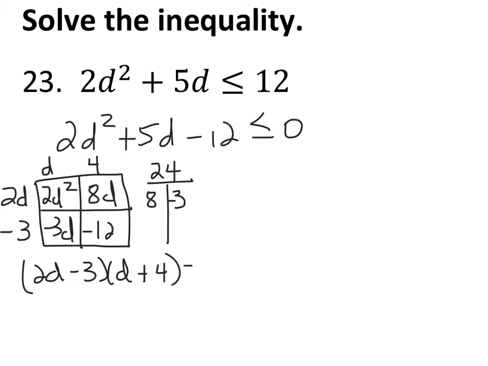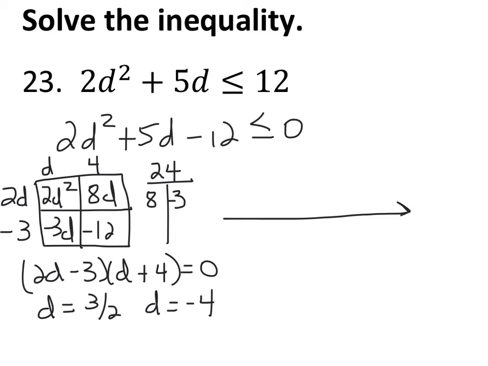And now I'm going to set those equal to 0 because I want to find my critical points that are going to be on my number line. So I'm going to set each one of these equal to 0 and solve for D. So I have D equals 3 over 2 and D equals -4. Those are going to be my critical points.